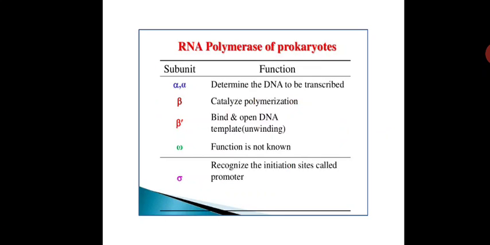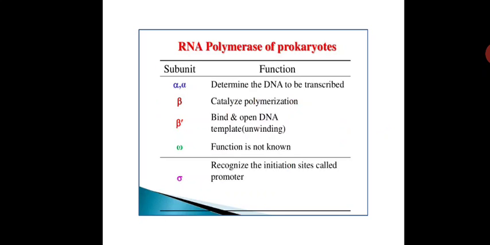We know the function of the different subunits. The alpha subunits are required to determine the DNA sequence that needs to be transcribed. Beta is required to catalyze the polymerization, that is, the addition of ribonucleotides.